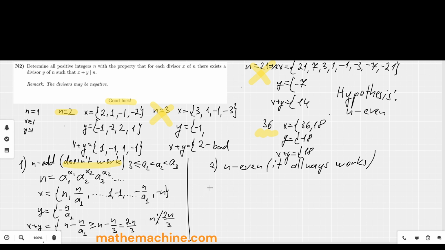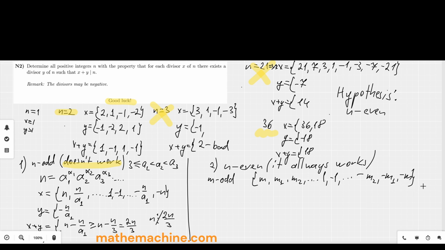So let's first of all take some odd number m, and just like we took n here, let us consider its divisors. The greatest one we call m itself, then goes some m1, some m2, and so on, like 1, -1, and so on. Then goes negative m2, negative m1, and then we have negative m.